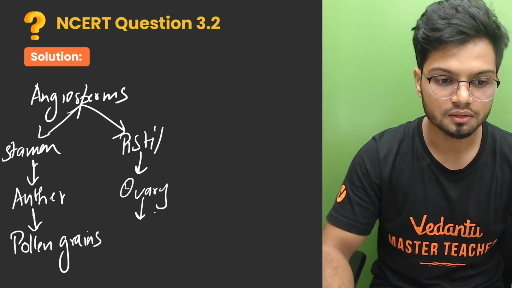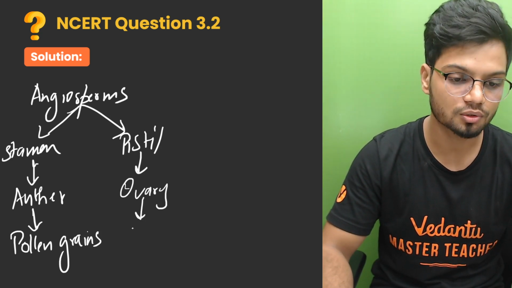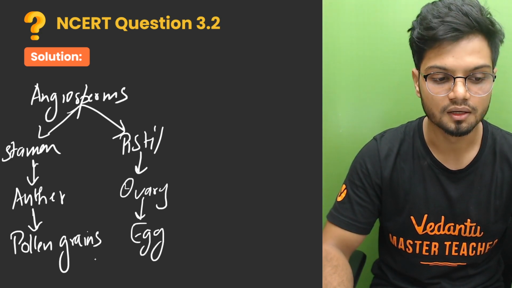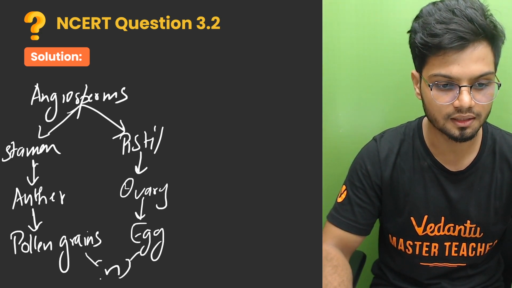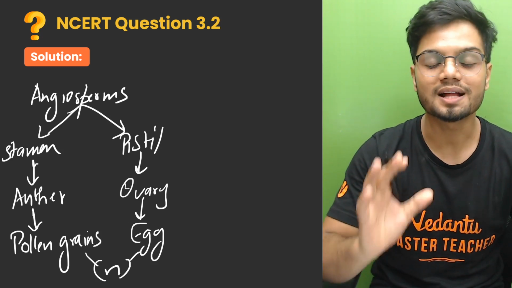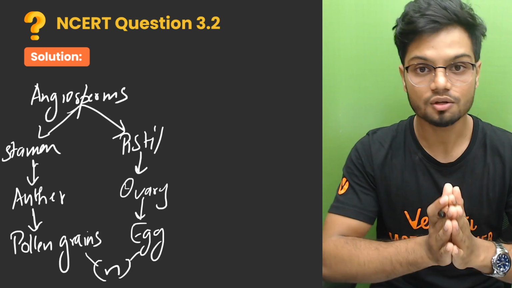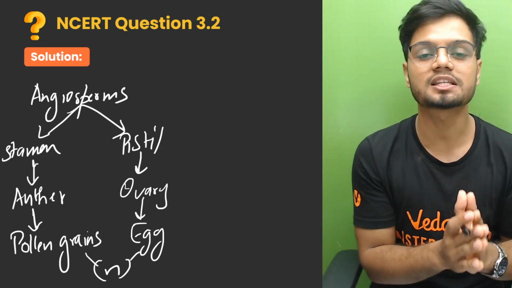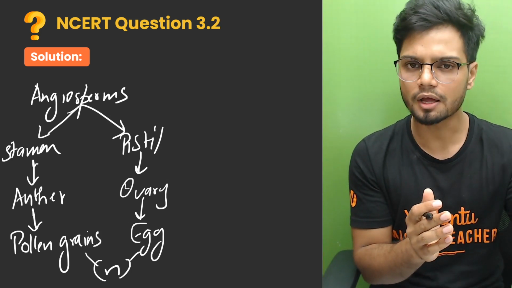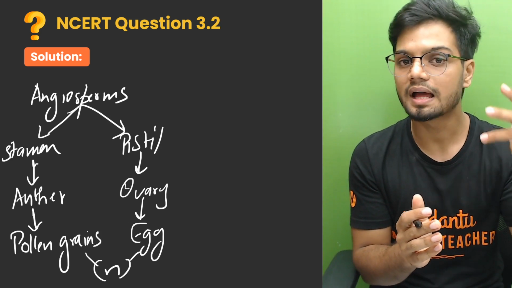Within the ovary, meiosis takes place to give rise to the egg. Both structures are haploid in nature. So that answers the question: when and where does meiosis, also known as reduction division, take place in ferns, bryophytes, gymnosperms and angiosperms.